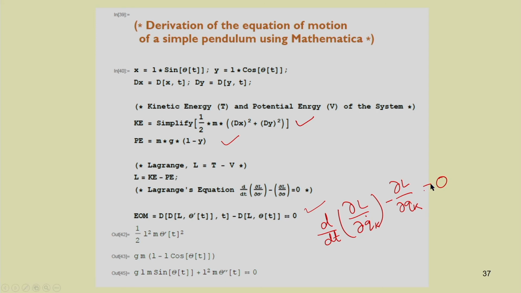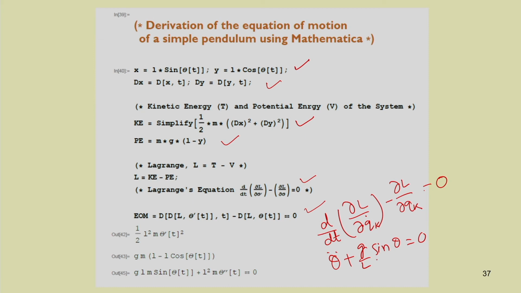Using this, first you write the expression for x, then its velocity by differentiating we got, then kinetic energy can be written, potential energy can be written, then this equation of motion can be obtained from the Lagrange equation. By arranging this, you can get this expression, that is theta double dot plus g by L sin theta equal to 0. So, this way by using Mathematica you can write down this equation.